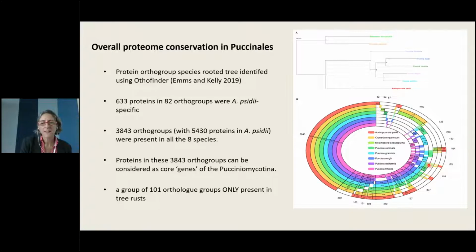And interestingly, 101 ortholog groups are only present in tree rust, so that might be something worth looking at later. When we look at the phylogenetic output from OrthoFinder, we can see that the Myrtle Rust doesn't cluster with the tree rust, but it's out there on its own.